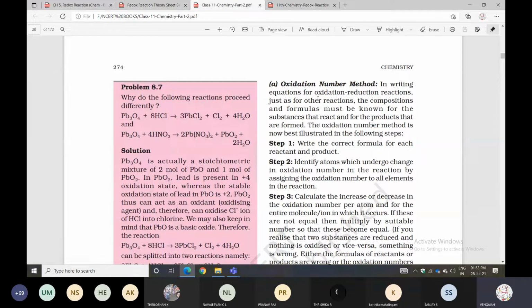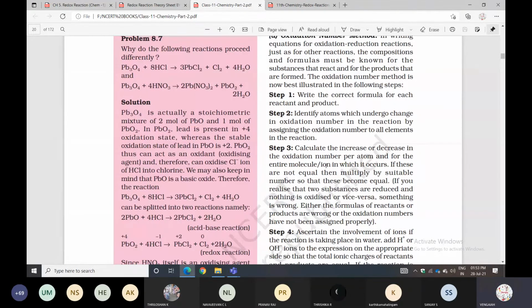Okay? Next one is calculate the increase or decrease in the oxidation number per atom for the entire molecule or ion which occurs. If these are not equal, then multiply by a suitable number so that these become equal.